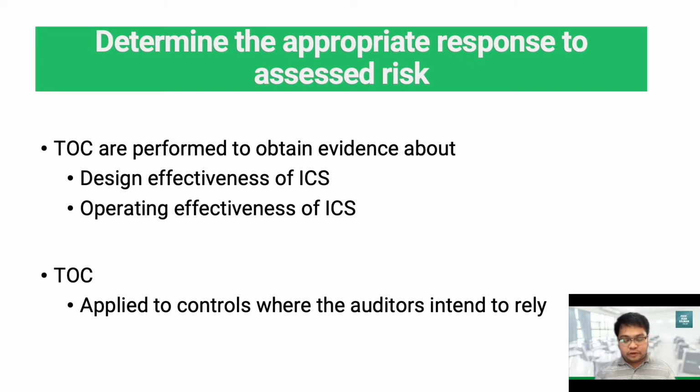In test of control, what we do is that we understand the nature of the control being implemented by the client. For example, the control is to check the creditworthiness of the customer. It may be done by the client manually or using a system. Then we set certain attributes or characteristics of the control.